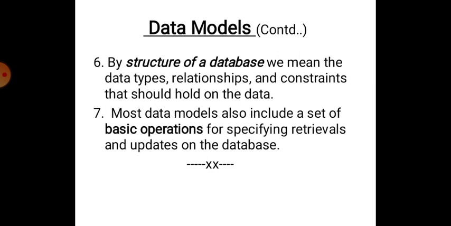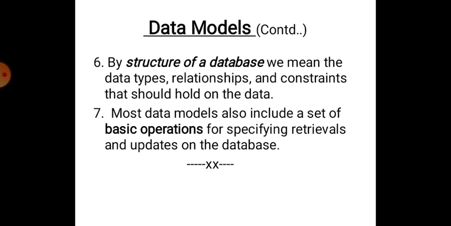So, by structure of the database, we mean what the data type is going to be, whether it is numeric or alphabetic or boolean and so on. Relationships, how two data items are related to each other. And the constraints. Constraints means the limitations or conditions that hold on the data.